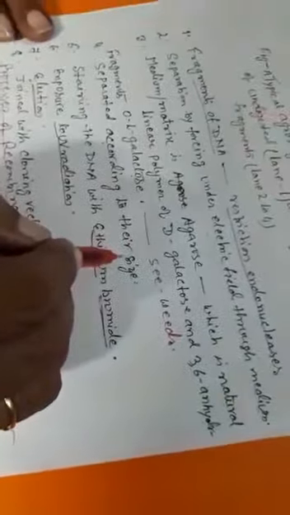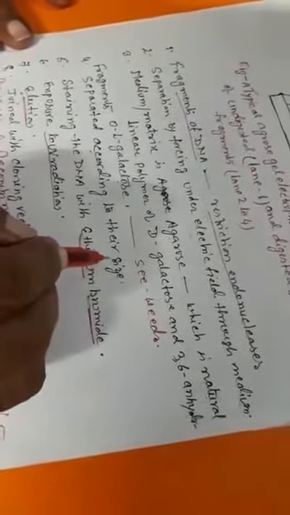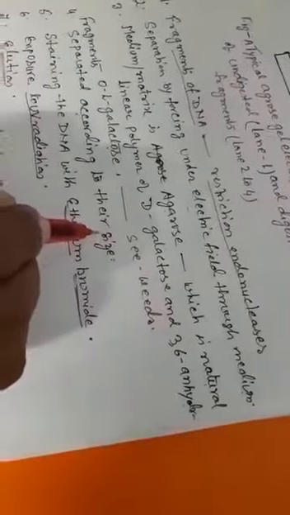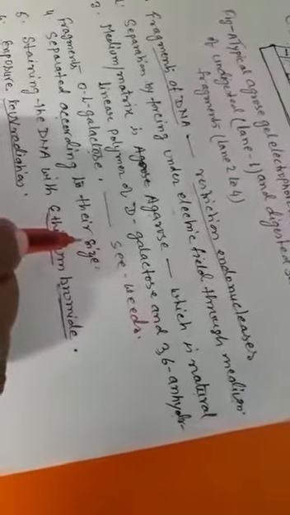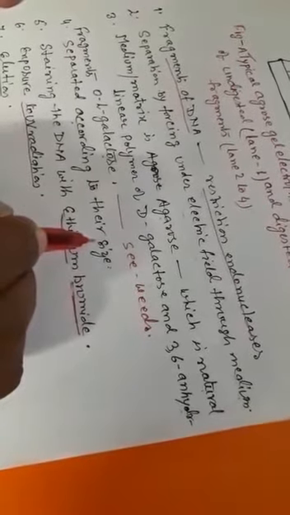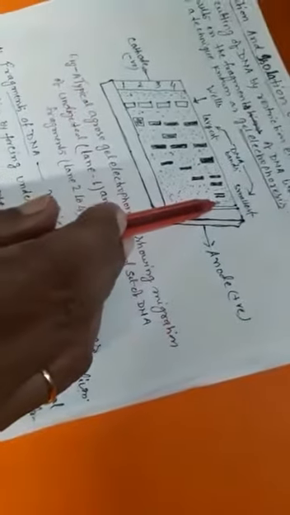The DNA fragments separate out or resolve out according to their size because of the sieving property of agarose gel. Hence, the smaller the size of the fragments, the farther they move.